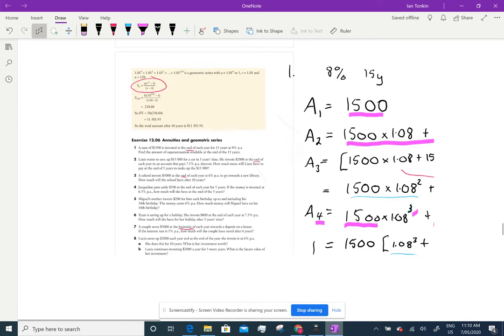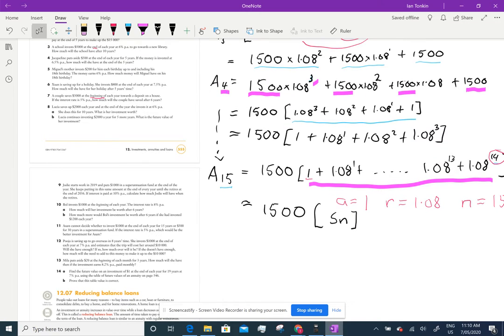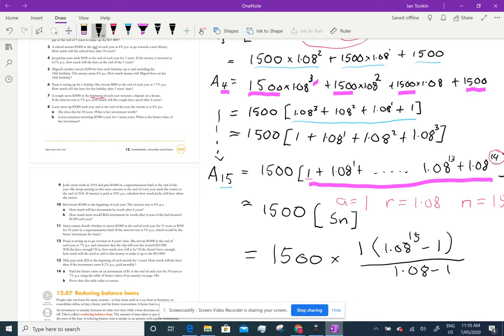And then it's just calculator work. So S of n equals 1500 times A, 1, R to the n, 1.08 to the 15 minus 1 over 1.08 minus 1.